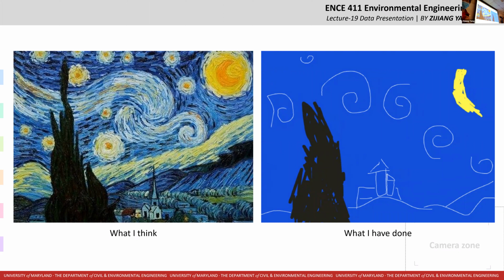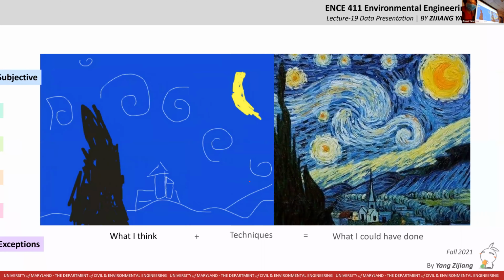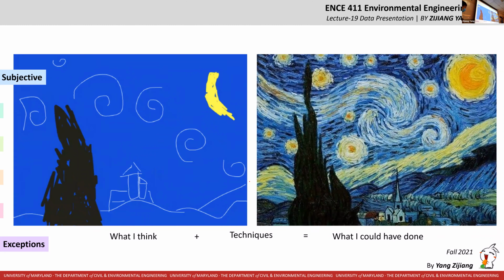Actually, when I was searching for pictures, I found these pictures. This is what I think, and this is what I have done. I think this is very sad and very negative. I don't like it. Only it is realistic. So I would like to change the order of these two pictures.